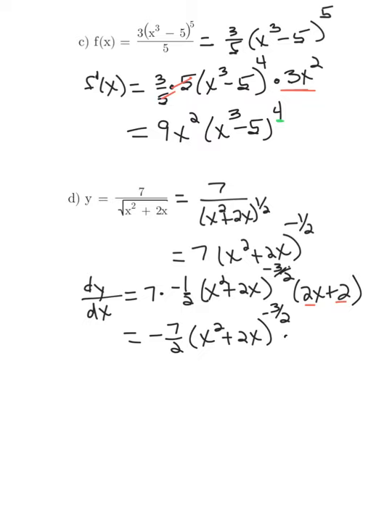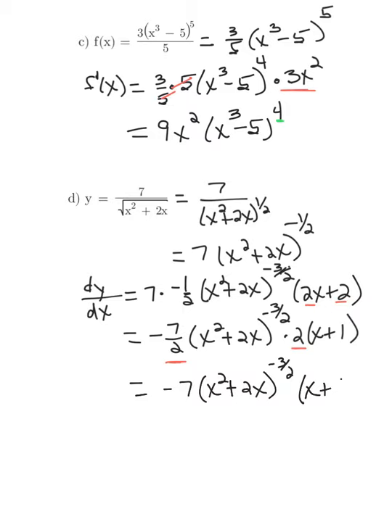So I'm going to factor out a 2 there, which would leave me with x plus 1. Now look at what's going on. We've got -7/2 times 2. That will then simplify to be -7 times the quantity of x squared plus 2x being raised to the -3/2 times the quantity x plus 1.